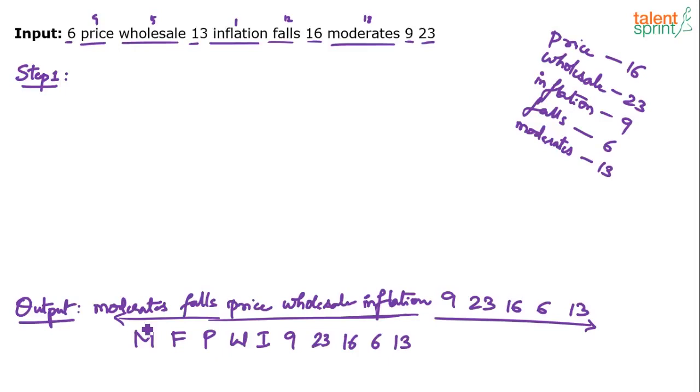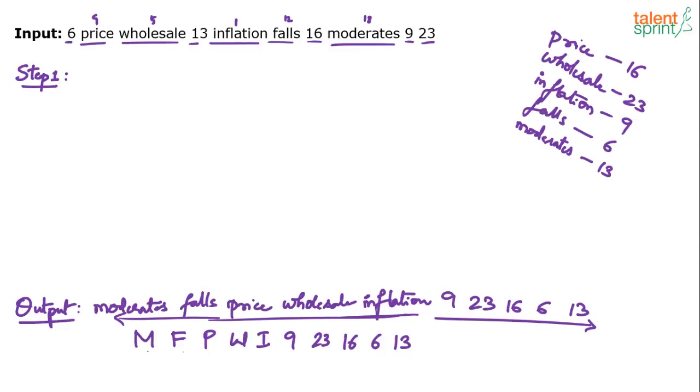Different words are of different lengths. Moderates has 9 letters, falls has only 5 letters. So when you try to write the steps, you may miss out on some elements. It usually happens, human error. To avoid that, if you take only the first letters always and move them, it will be easy. Here, maybe because of middle letters, you may wish to write the full word, but pay attention and make sure that you don't miss out on any word or any number anywhere.